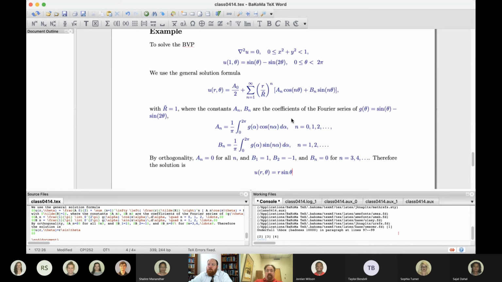And then I move to n equal 2, and that's going to give me r squared, with a minus because b2 is equal to minus 1. And that is my solution.